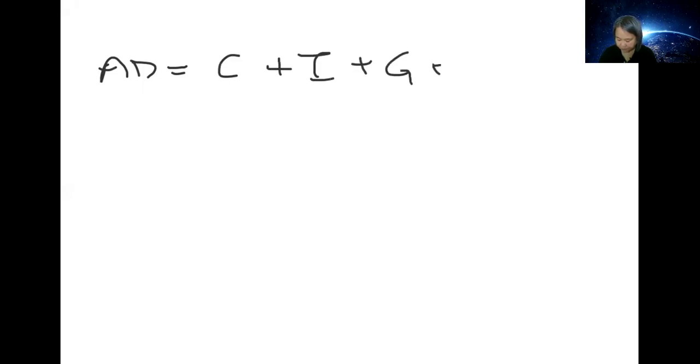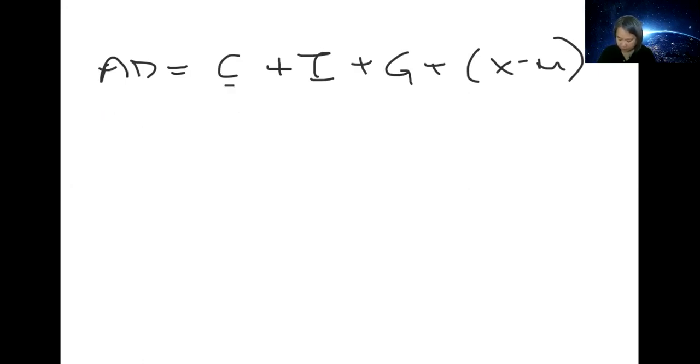Aggregate demand, which you have seen, is equal to C plus I plus G plus net exports. Anytime any of our components change, so an increase in C will increase AD, which will shift AD to the right, which will then increase the price level and real GDP.